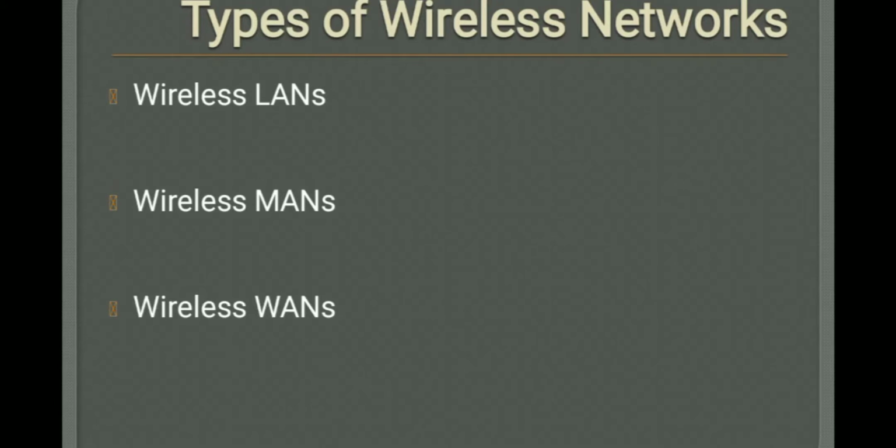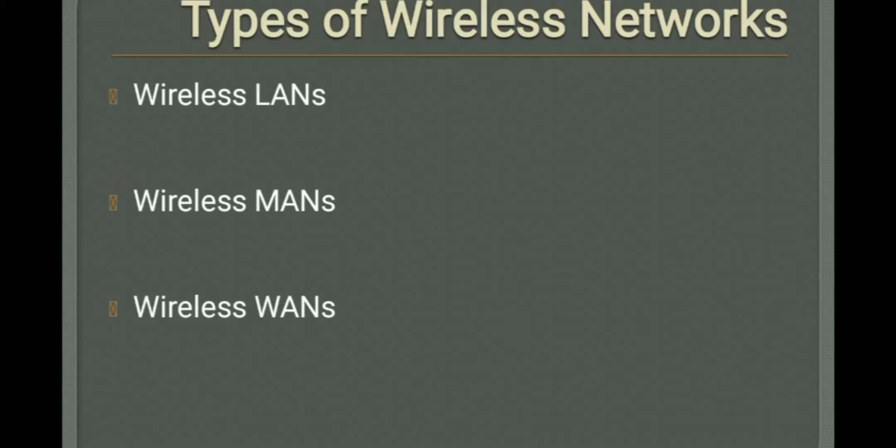We have types of networks in wireless as well. We have wireless LANs, wireless MANs, and wireless WANs. So LANs, as you know, the range is limited to a set of devices. A group or islands of LANs connected over a metropolitan area would be your wireless MAN.